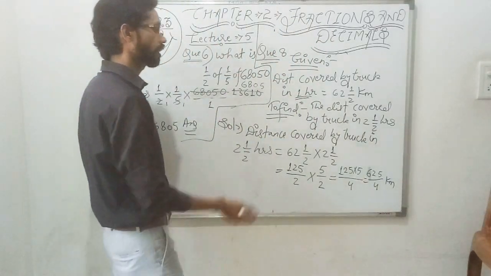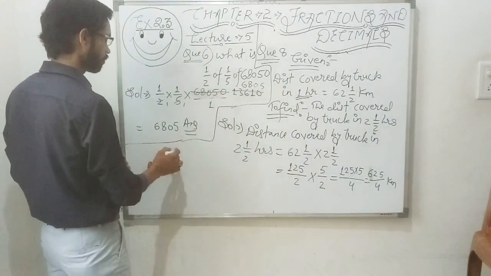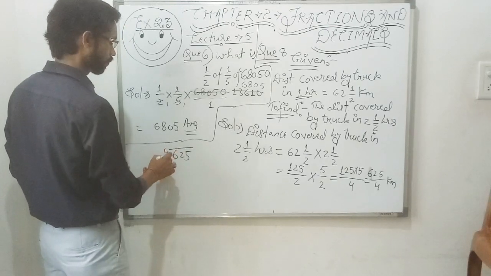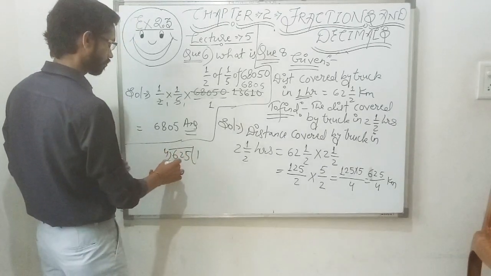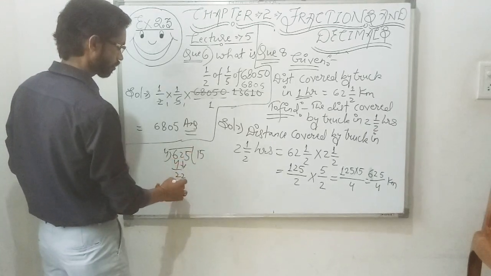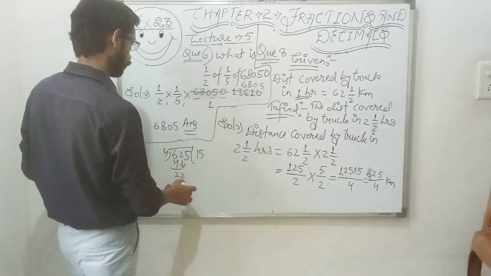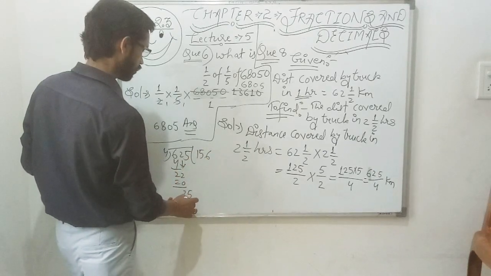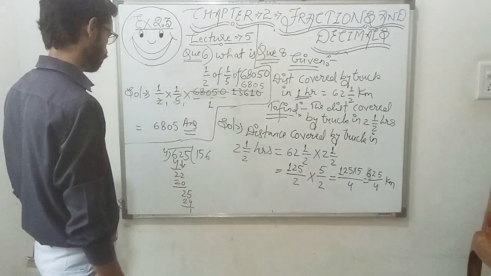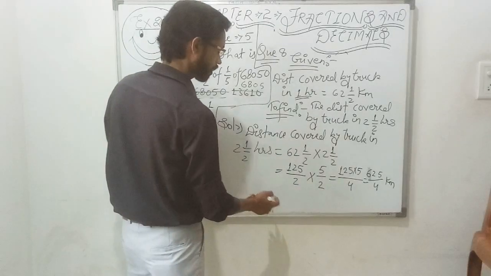Okay, and if you want to write the answer as a mixed fraction, how can you do it? You will do it on the rough side. 625 you will divide by 4. 4 1s are 4. 2 brought forward. 4 5s are 20. 2 carry. Then 4 6s are 24. Remainder 1. What is remaining? We can see here 156 in the round figure.